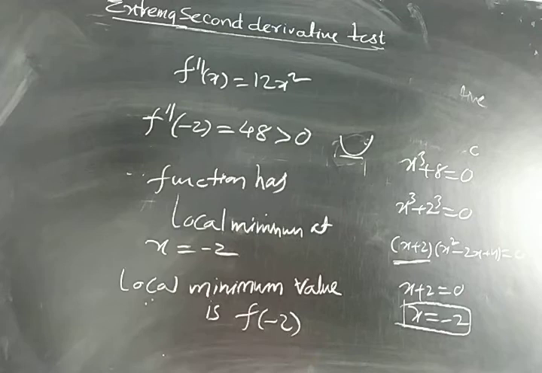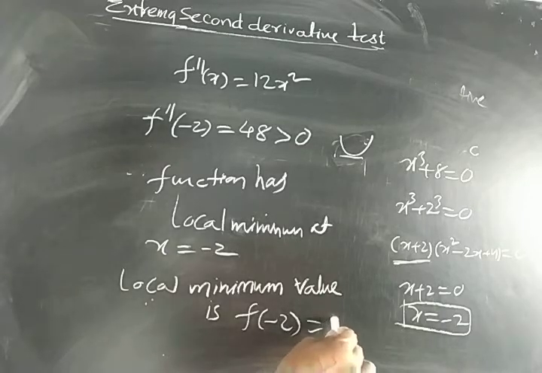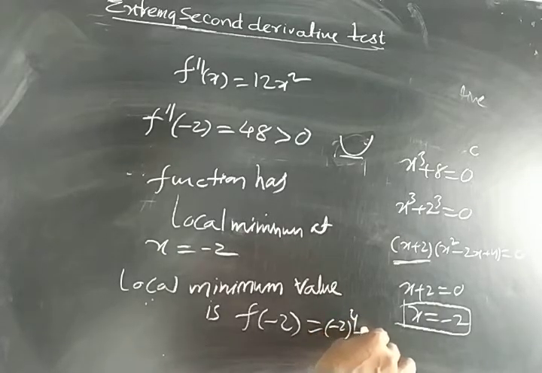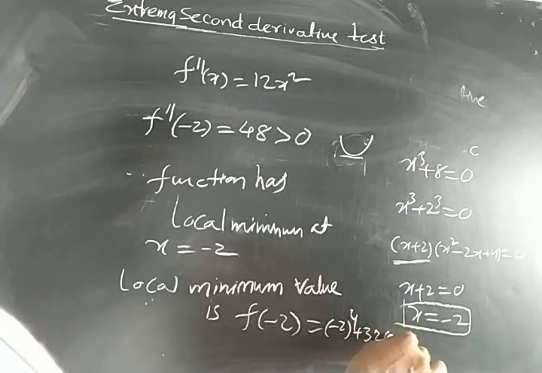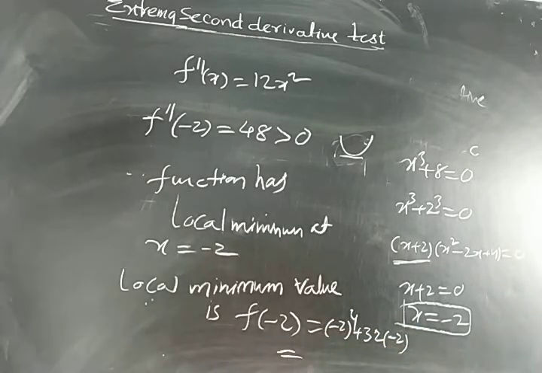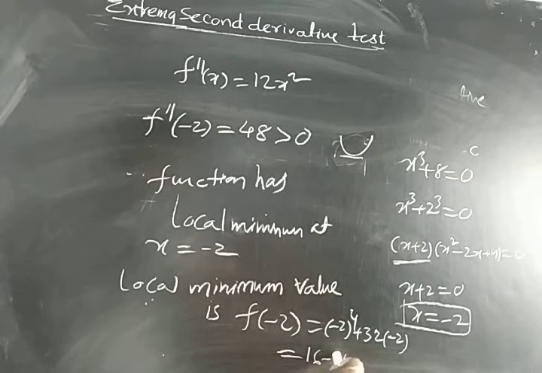So what is the function? The function is x power 4 plus 32x. Substituting x equal to minus 2: minus 2 power 4 is 16, plus 32 into minus 2 is minus 64. 16 minus 64 means you will get minus 48.